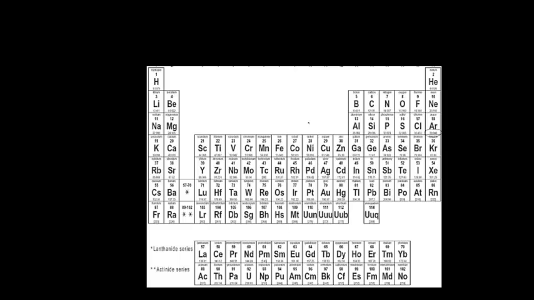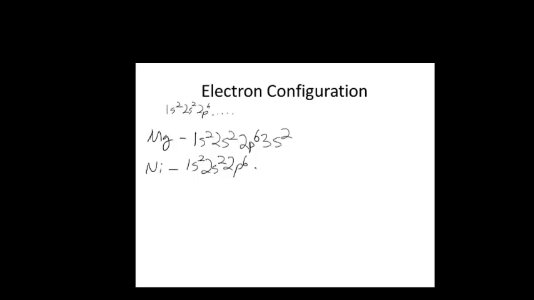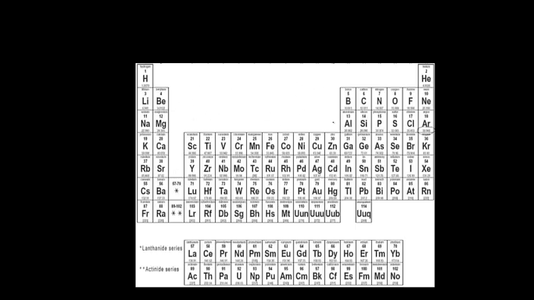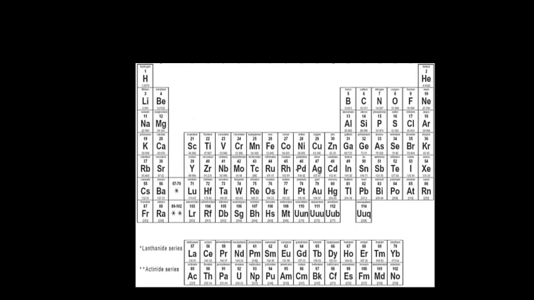We go through boron all the way through neon, still in the second row, but we're in the P's now, so 2p6. We go through sodium and magnesium, 3s2. We go through aluminum all the way to argon, 3p6.